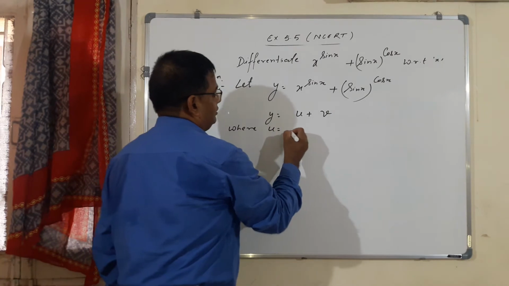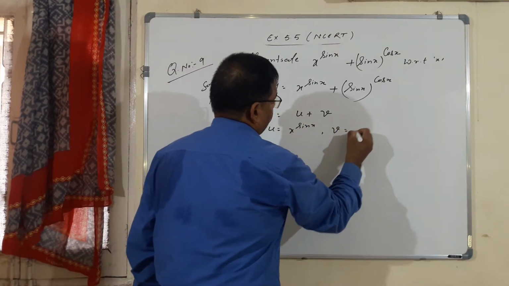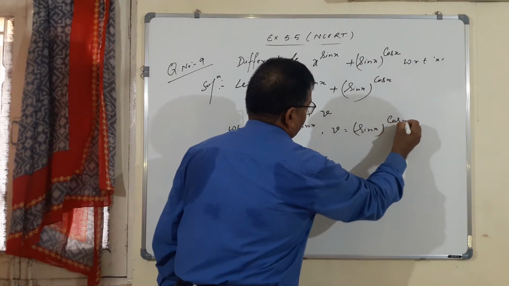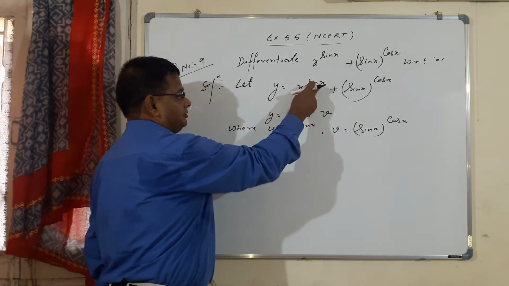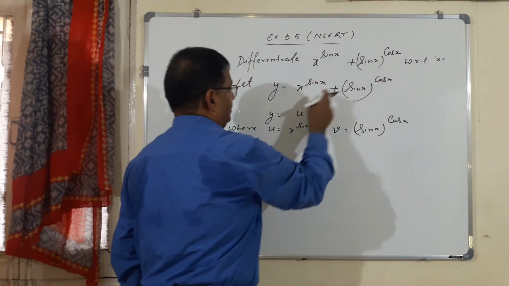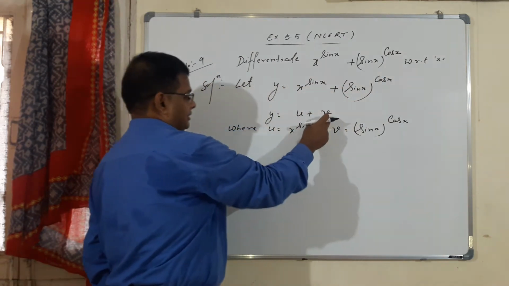u is equal to x raised to the power sin x and v is equal to sin x raised to the power cos x. See here, variable raised to the power variable, this one also variable raised to the power variable. So this one we assumed u and this one we assumed v.